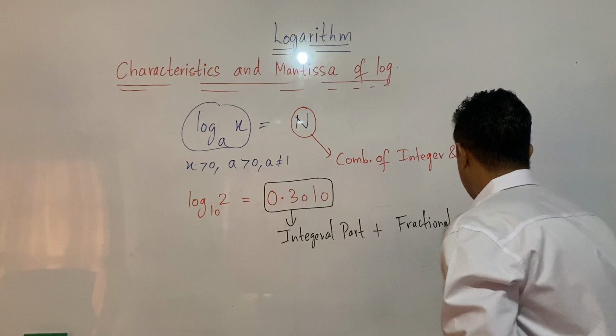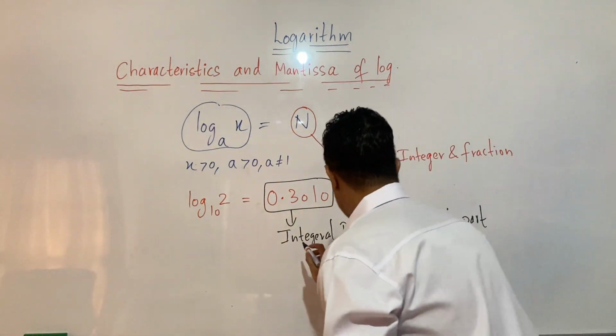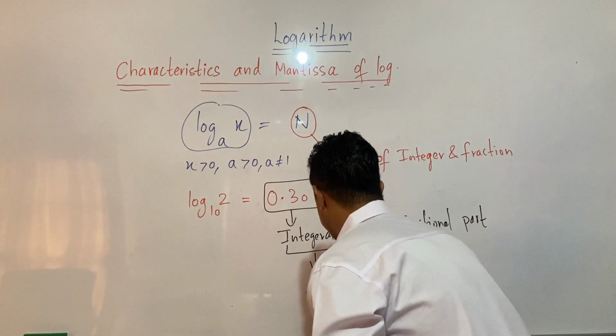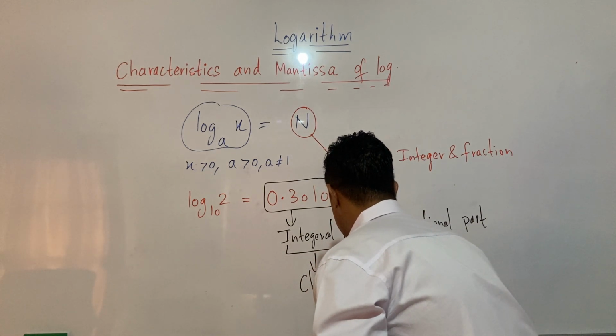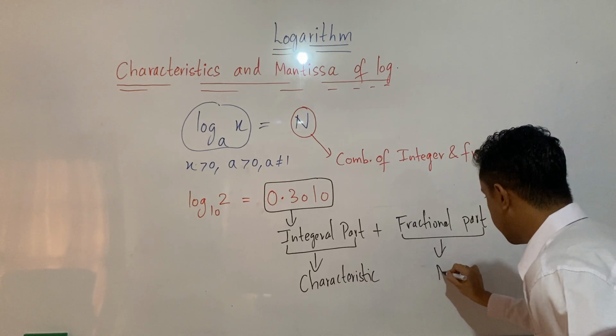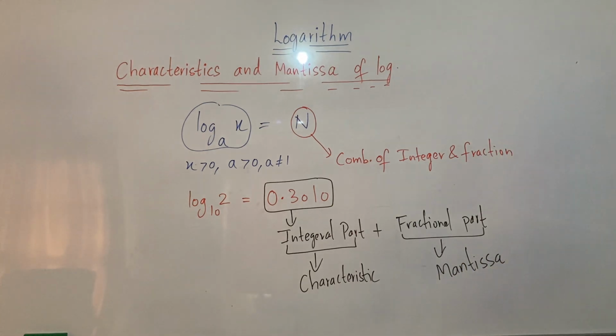Fractional part, right? So the integral part is known as characteristic, and the fractional part is known as mantissa.